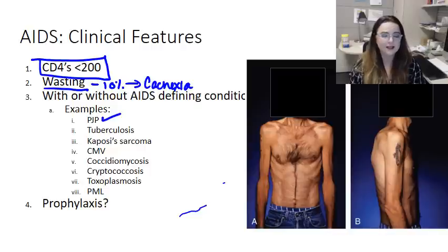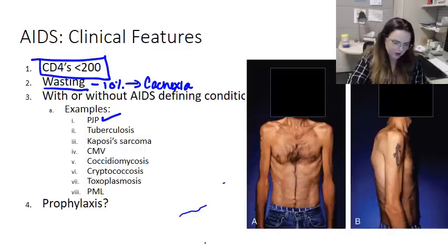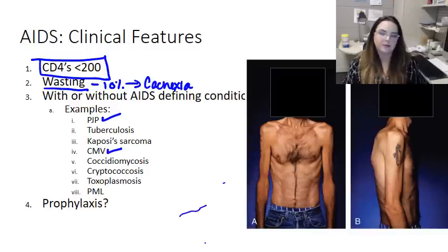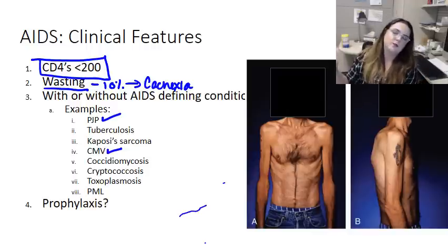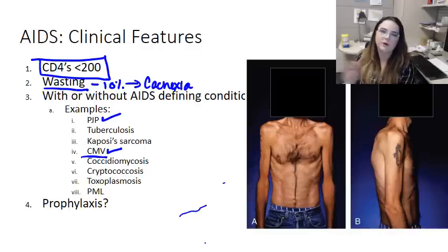It still is a very common cause of disease in HIV positive patients, particularly those who have AIDS or have a CD4 count less than 200. However, another one that's been coming up in popularity is CMV, which obviously would be a reactivation because most of us are infected with CMV when we're younger, and then it goes latent and it reactivates.